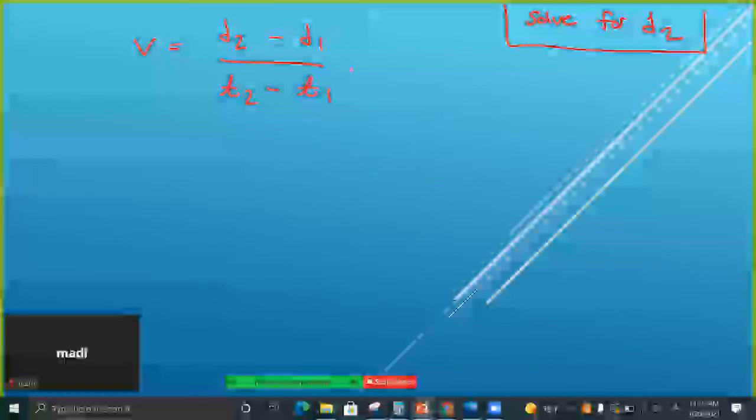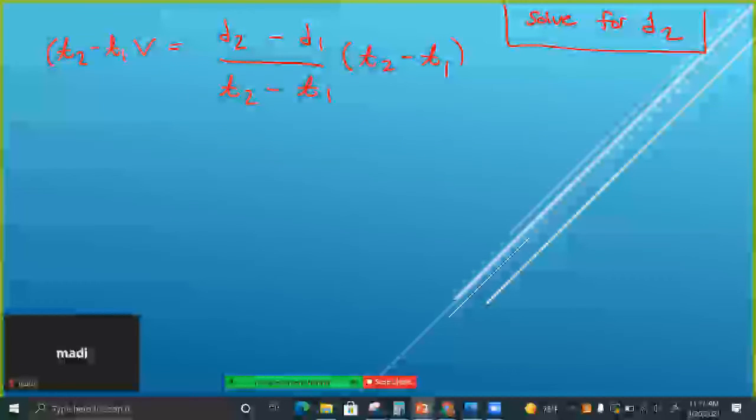So we start by multiplying the left and right by T2 minus T1. Okay, so my whole fraction goes away. That's nice. And now it should look kind of familiar to our options. We get a multiplication instead of that division. We have T2 minus T1 times V equals the subtraction, D2 minus D1.